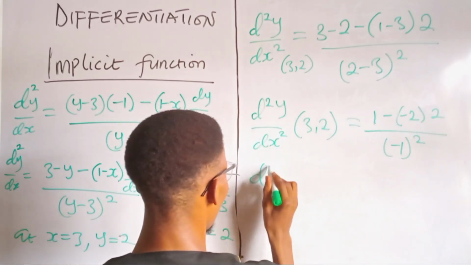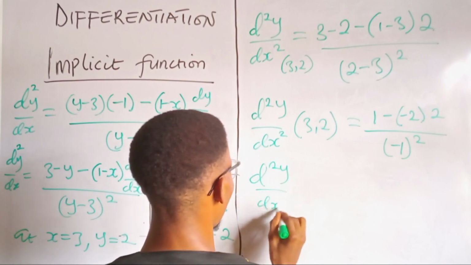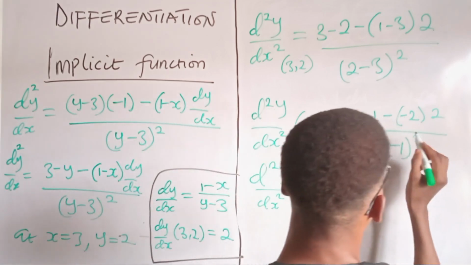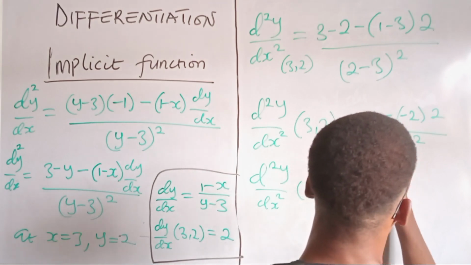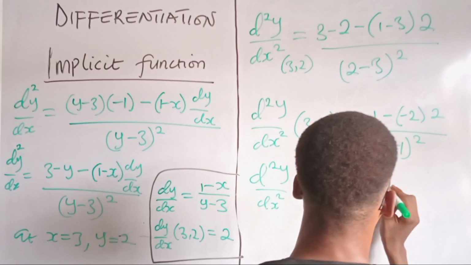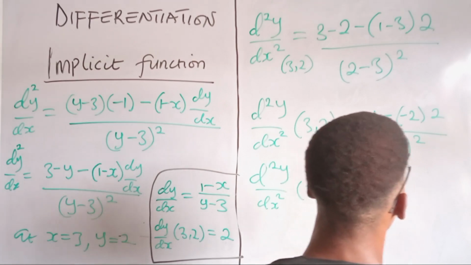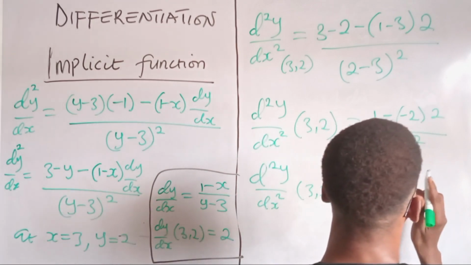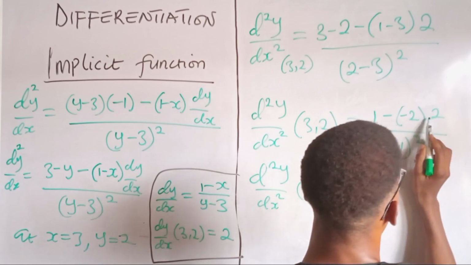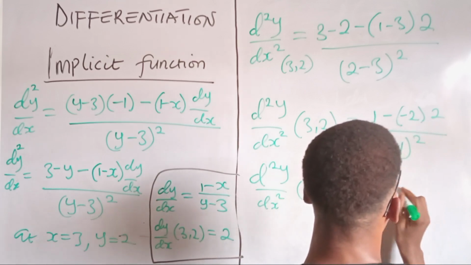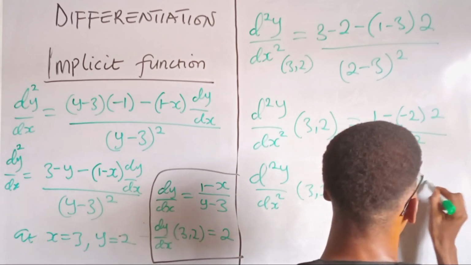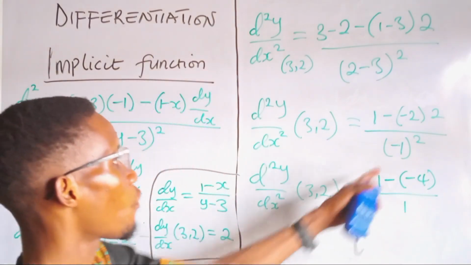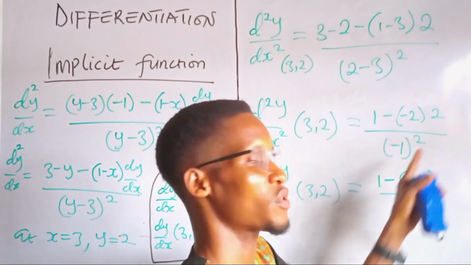So the second derivative at 3 and 2 is going to give us 1 plus, this multiplied by this gives minus 4, all divided by 1, because minus 1 times minus 1 is 1.